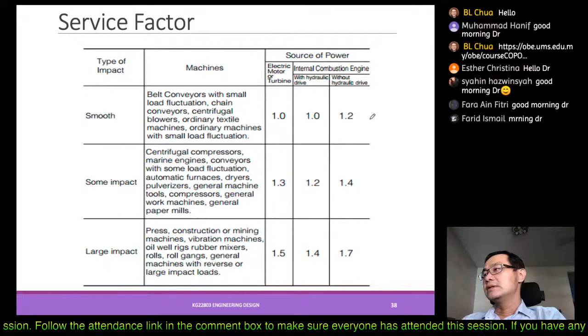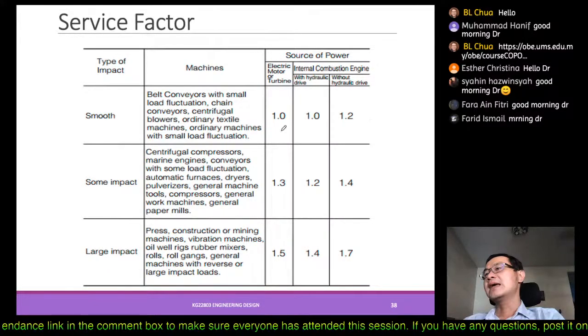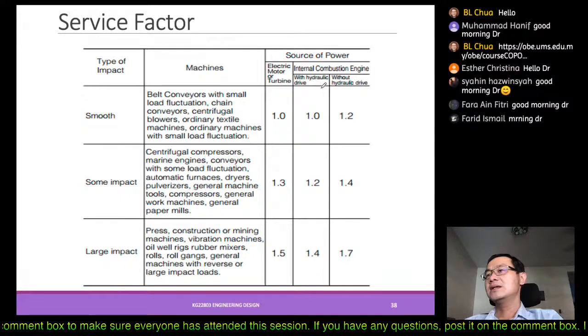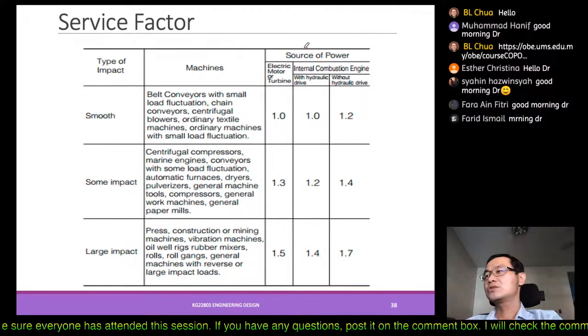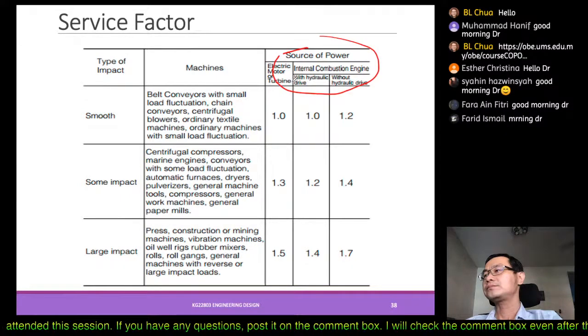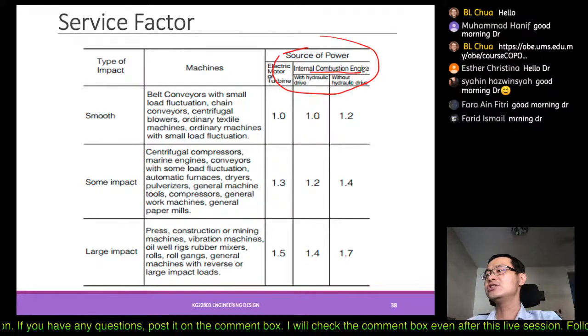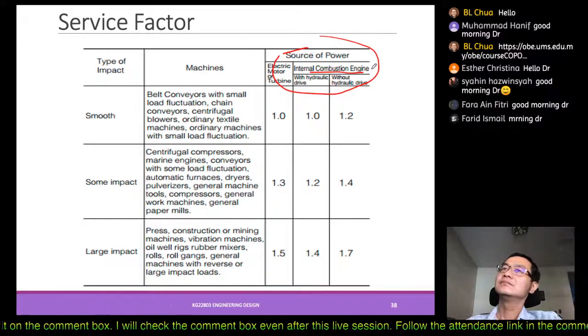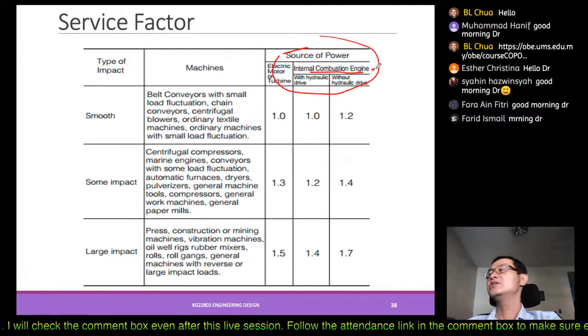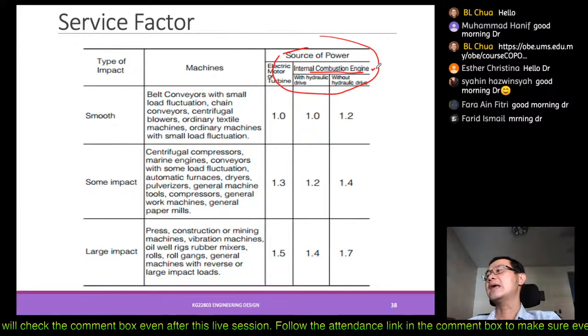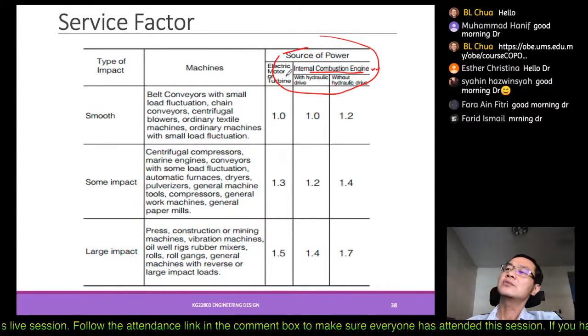So this is where you gather all this information for your considerations. So the service factor, again, you have something similar. It depends on the power source, whether this is a combustion engine, meaning any engines, diesel engine, gasoline engine, and so on, or it is an electric motor.